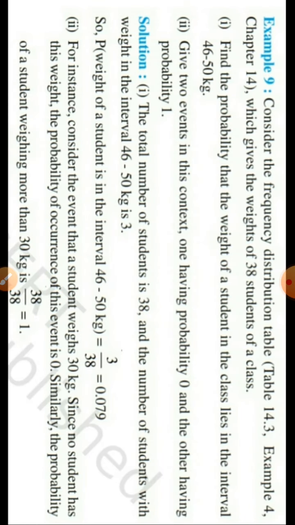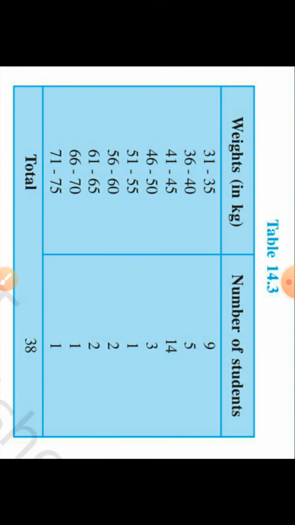For instance, consider the event that a student weighs 30 kilogram. Since no student has this weight, the probability of occurrence of this event is 0. Similarly, the probability of a student weighing more than 30 kilogram is 1. No student has weight 30 kilogram, because the minimum weight is 31 kilogram.